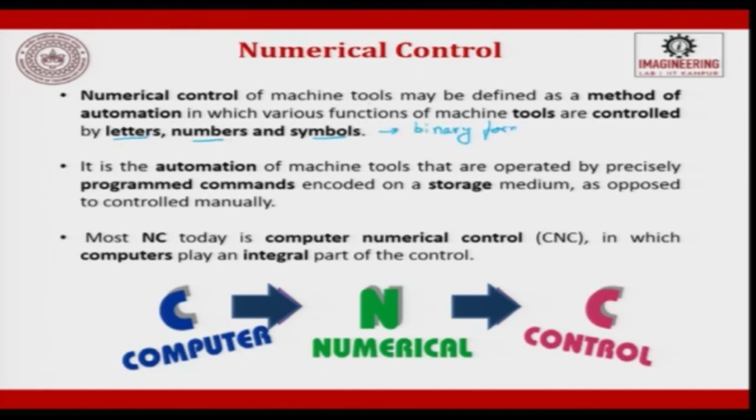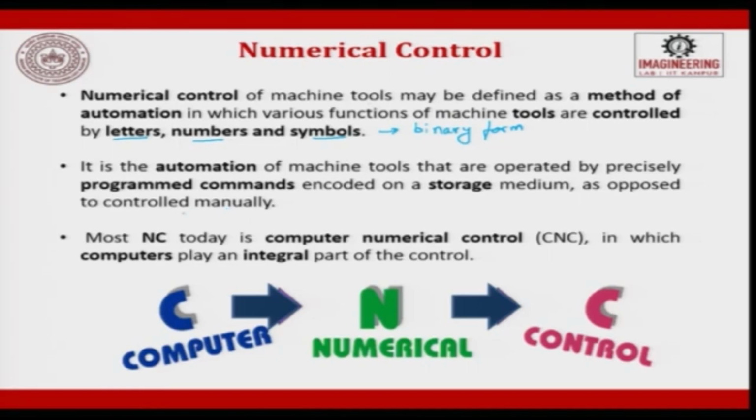And when you are working on a binary form, you can try to see how a binary is used to control the machine tool. It is the automation of machine tools that are operated by precisely programmed commands encoded on a storage media as opposed to controlled manually.